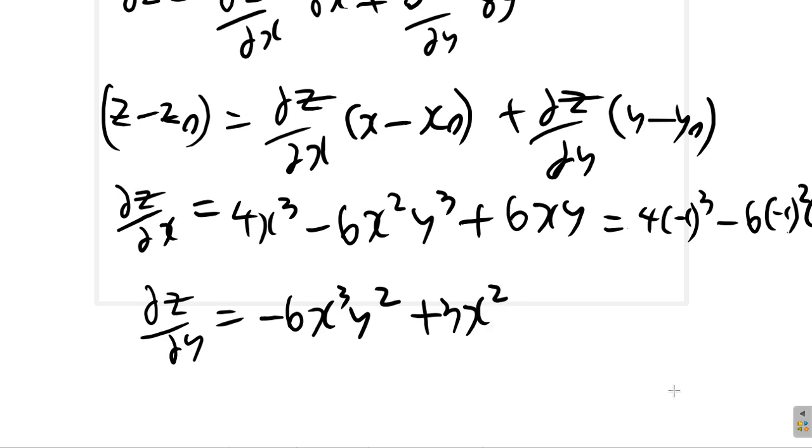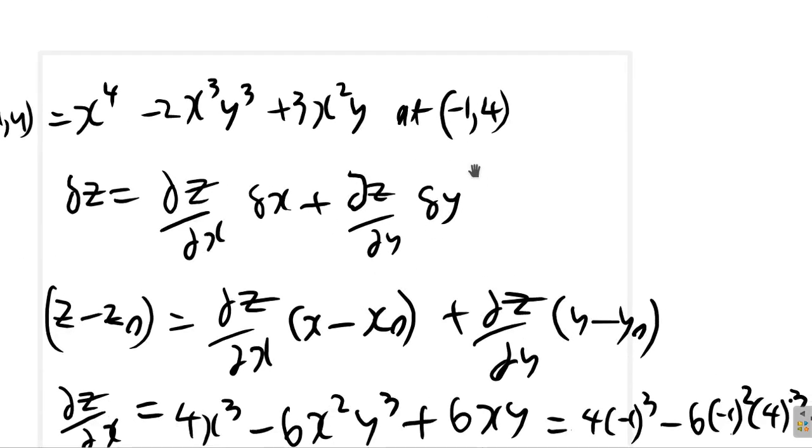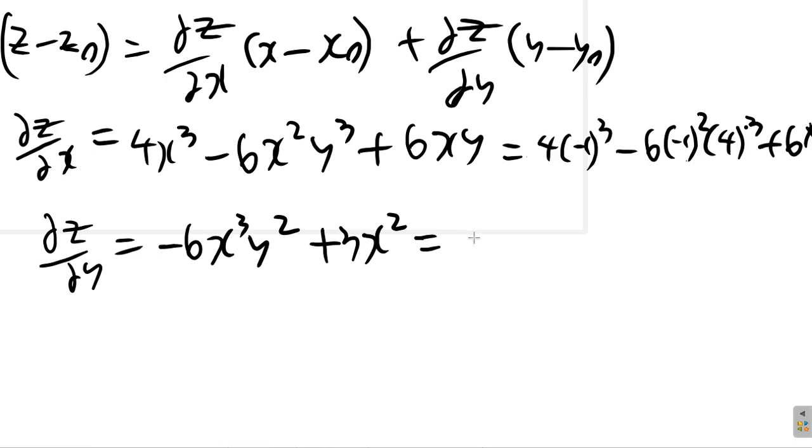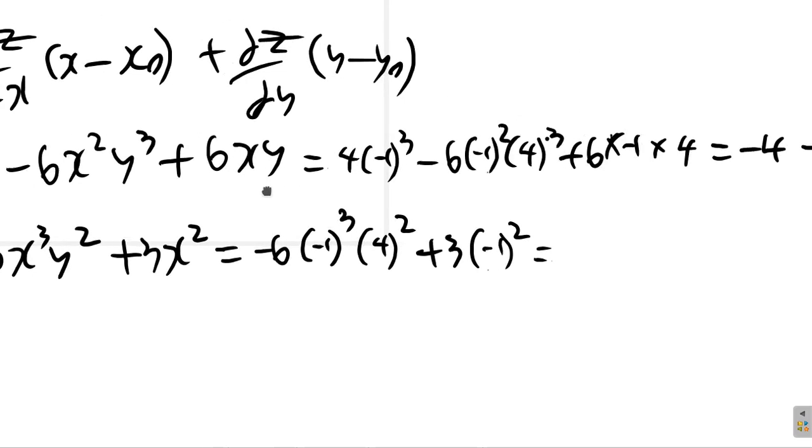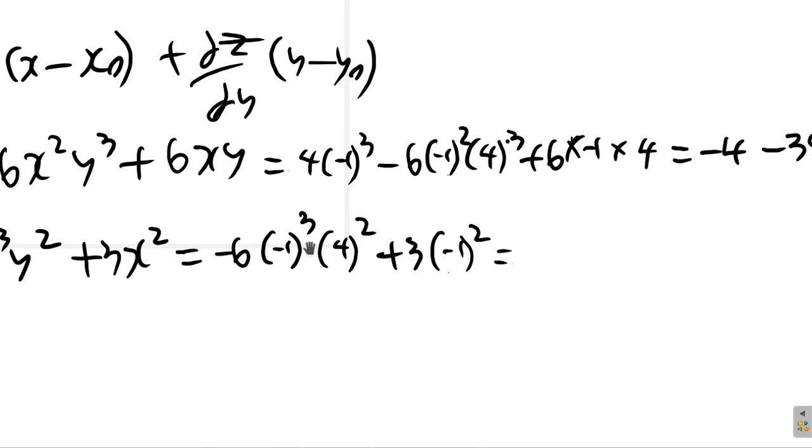Now, at the point negative 1, 4 is going to be negative 6 and negative 1 cubed and 4 squared plus 3 times negative 1 squared. Negative 1 cubed is negative 1, so negative 6 by negative 1 is positive 6. Right? Now 4 squared is 16 times 6 gives us 96. 1 squared is 1, 3 times 1 is 3, 96 plus 3 is 99. Alright. So we have 99 there.